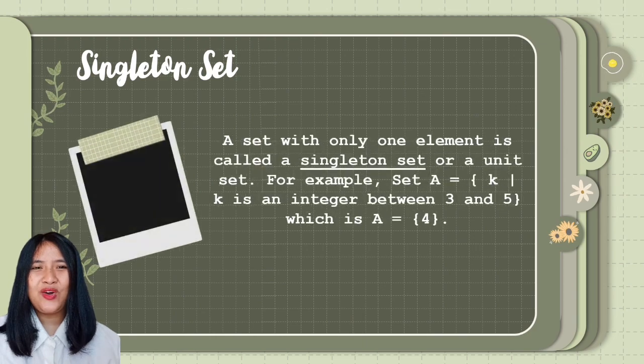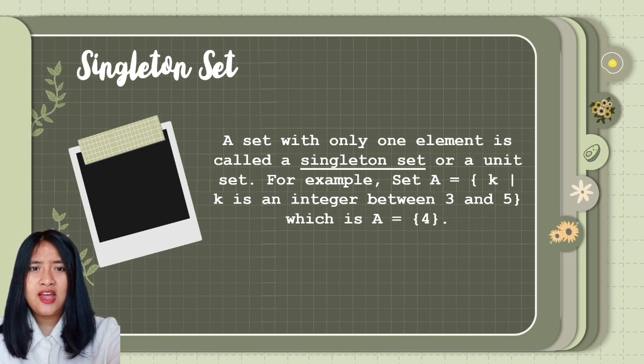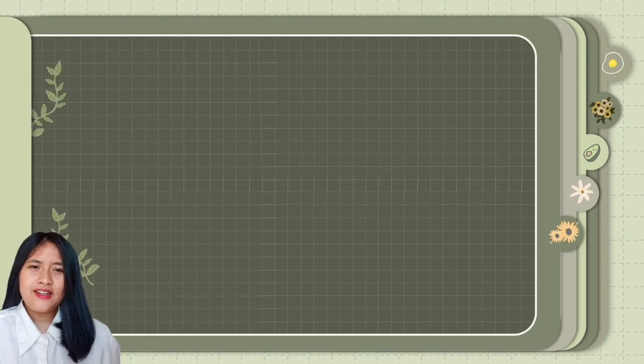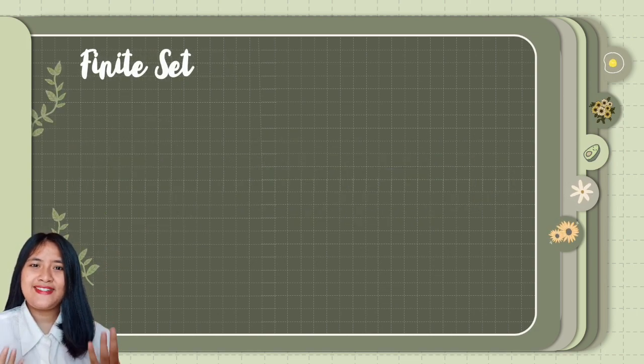Number 2 is singleton set. A set with only one element is called a singleton set or a unit set. For example, set A with element k, where k is an integer between 3 and 5, which is A with element just 4. Number 3 is finite set.